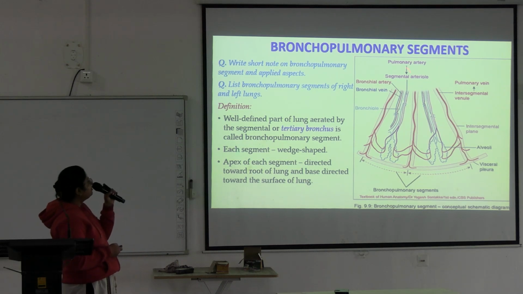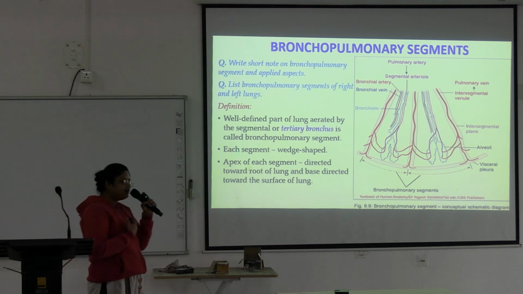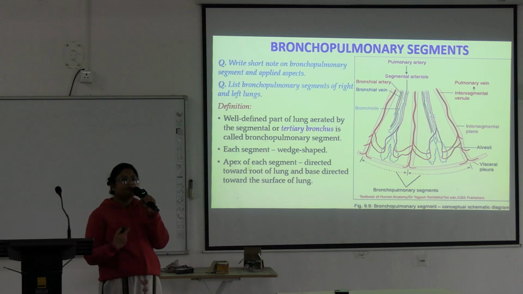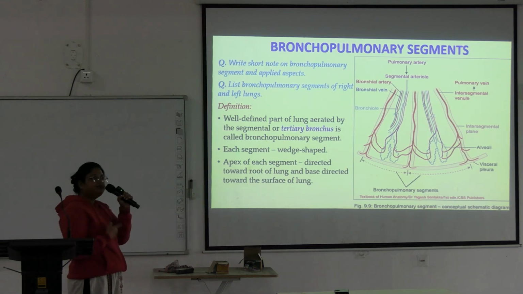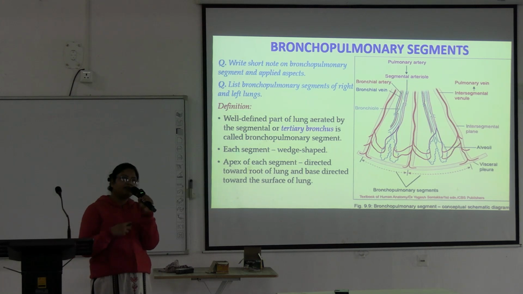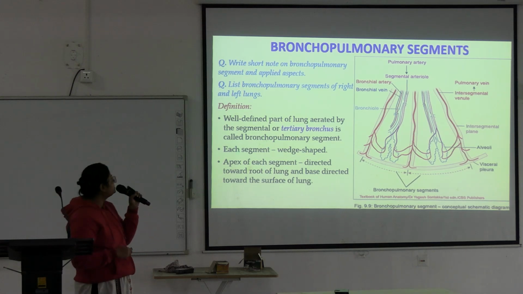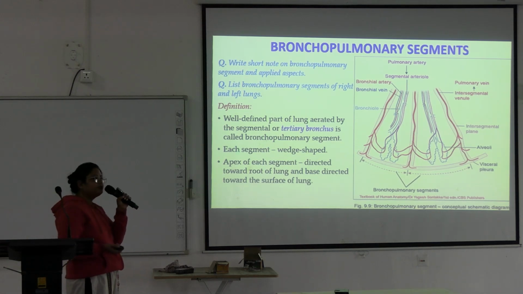Next we go to bronchopulmonary segments. This comes as a long question. Very important, very frequently asked in your viva in lung viscera, and also very important for your theory question. It comes as a long question, and can also come as a short note.